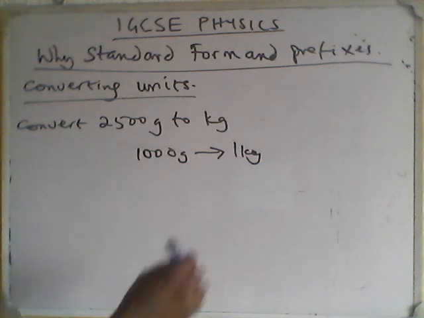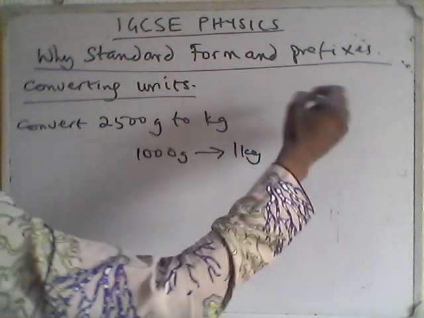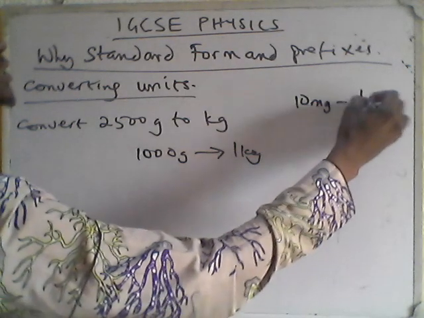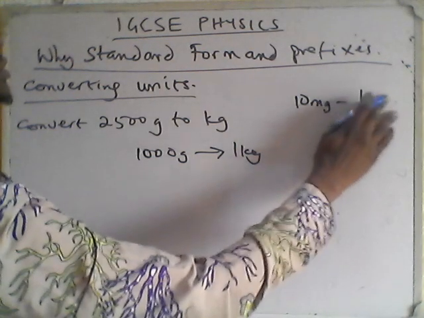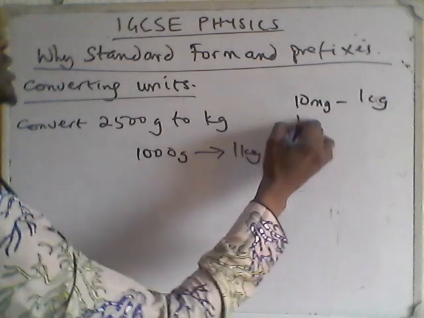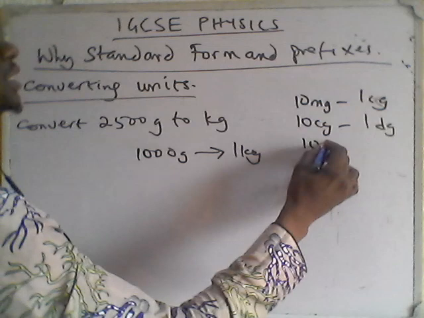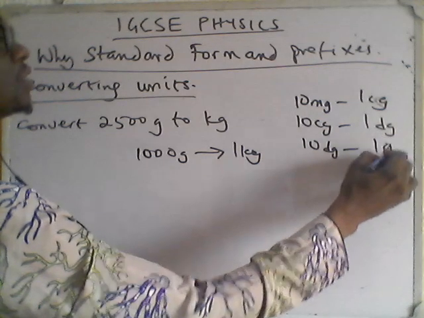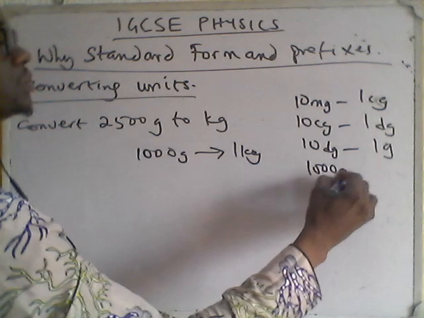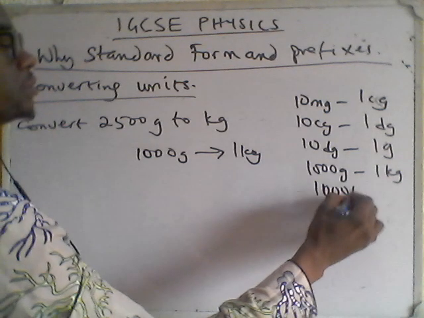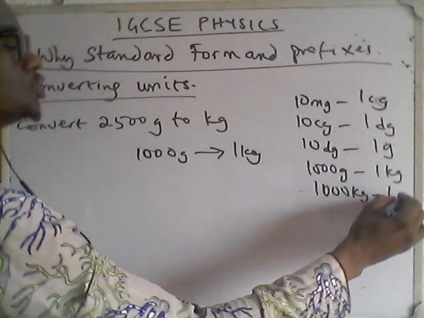Let me just start from basic elementary science. 10 milligram make 1 centigram, right? CG. 10 centigram make 1 decigram. 10 decigram make 1 gram. 1,000 gram make 1 kilogram. 1,000 kilogram make 1 ton.